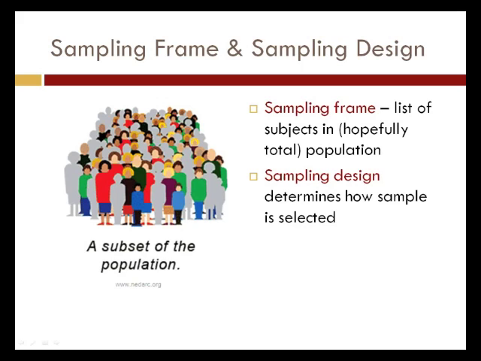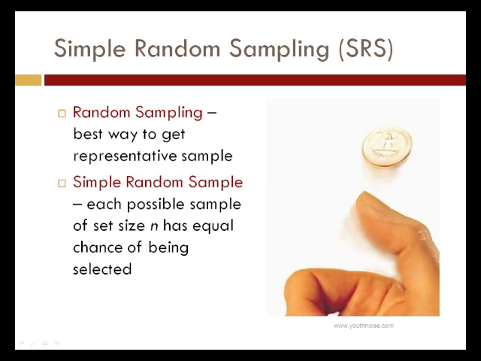So you hope that your sampling frame really is a list of every single member of your population. And then sampling design determines how you select your sample from the sampling frame. Random sampling is the best way, and there are actually 3 types of random sampling, but we only talk about the first type here. In the very last section, 4.4, we'll talk about the other 2 types.